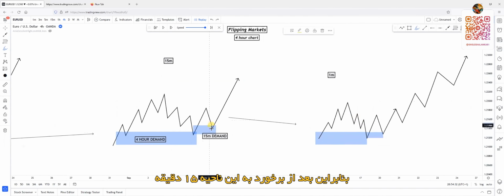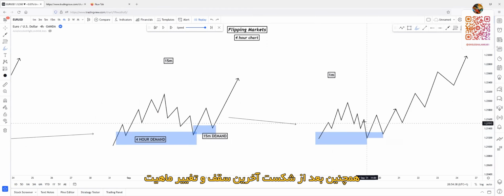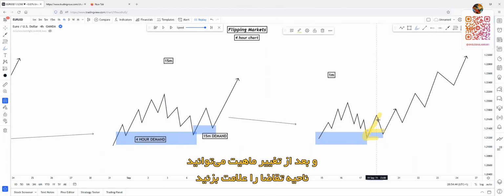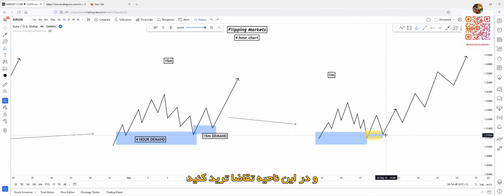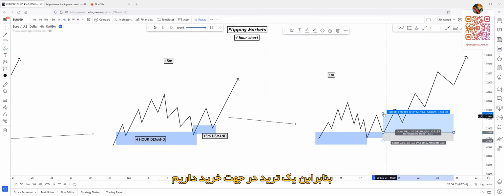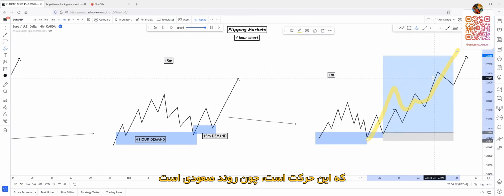So after the tap of this 15-minute zone happened, here also on the 1 minute, price will change character on the 1 minute also. So break through the last high point, change of character, it will create a demand zone. And after the change of character, you can mark your demand zone out, hop in a trade on this demand zone, so hop in a long trade. And you can write the expectational order flow, which is this one, because it's bullish in this case.